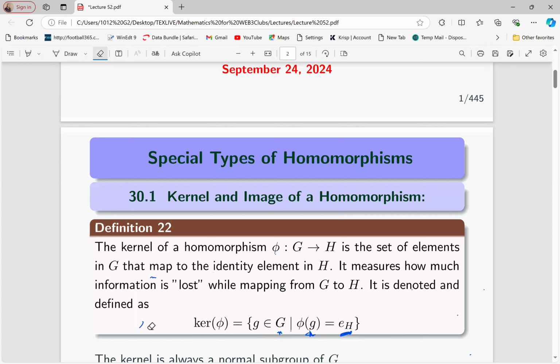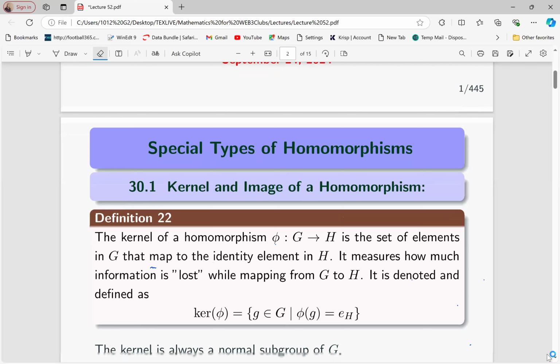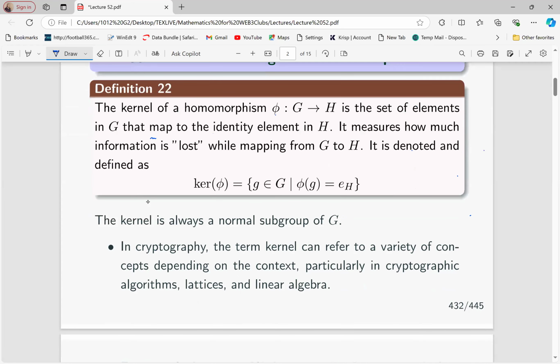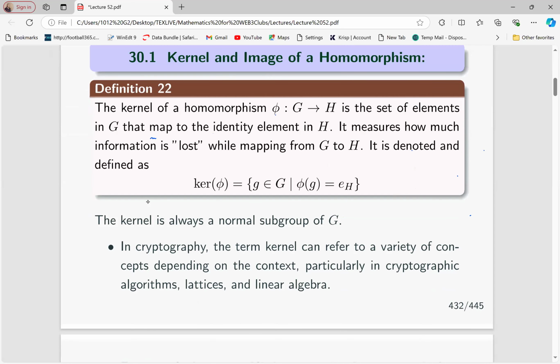So there is a subgroup. The kernel will always be a subgroup of the group G, of course. That's what I wrote below there. So in cryptography, the term kernel, first of all, what does it refer to? It will refer to a variety of concepts depending on the context, particularly in cryptographic algorithms, lattices, and ring algebra.